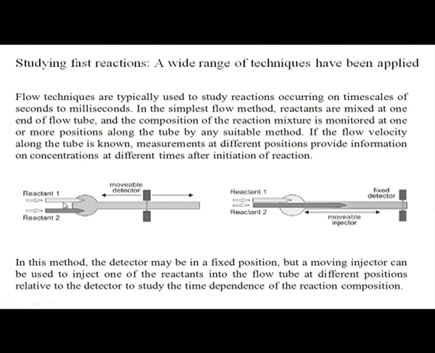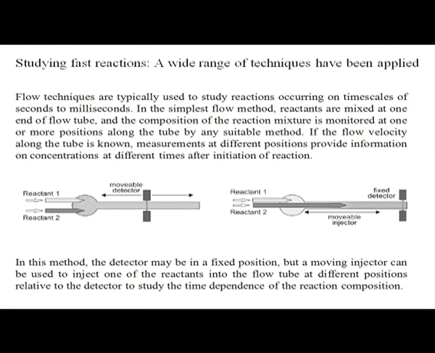So, you can have two ways. In one case your detector is movable, and in the other case one of the injectors or maybe both can be moved. Okay. So, this way you can find out the time dependent concentration.